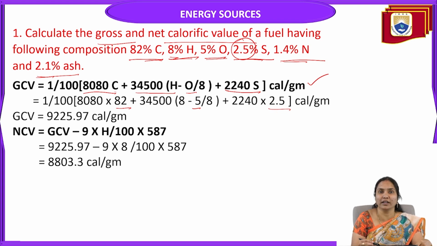Finally, after calculation, we get the gross calorific value of the given fuel as 9,225.97 calories per gram.